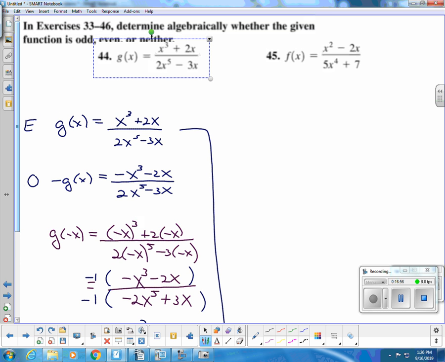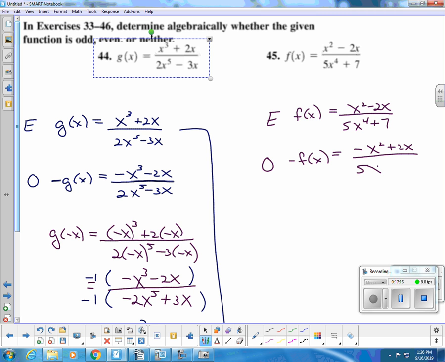So this next one, again, the even guy looks like the original. And the odd guy looks like the opposite. And again, the opposite, I'm just changing the numerator. You're only distributing one -1.